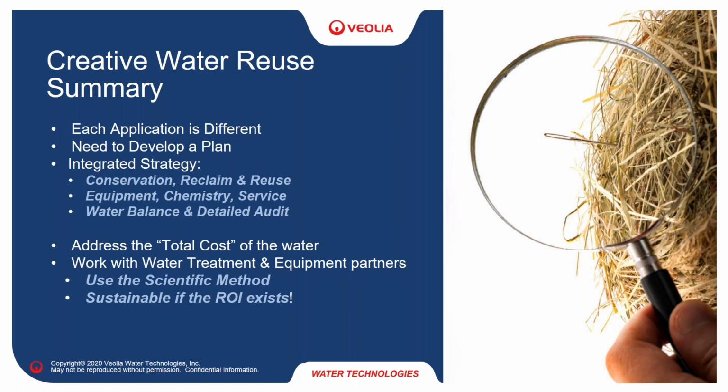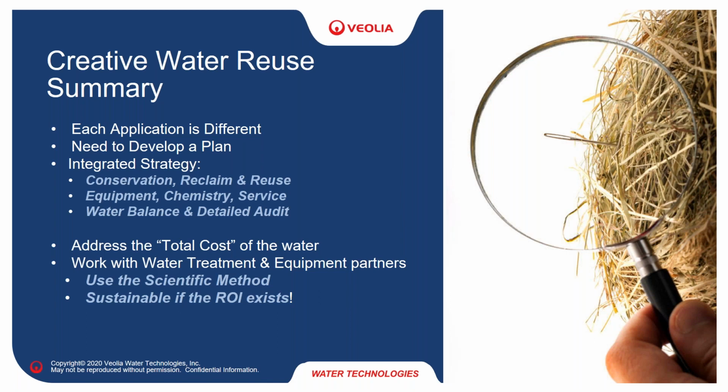The final step is making sure that before you go to management with ideas and/or opportunities, you address the total cost of water. You may not have access to all of the financial information, but if you put enough of it into each of the opportunities that you identify, you will have turned enough heads that people will start to understand that there is true opportunity here to help improve the plant.